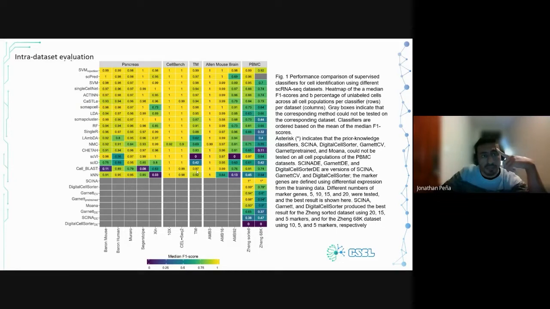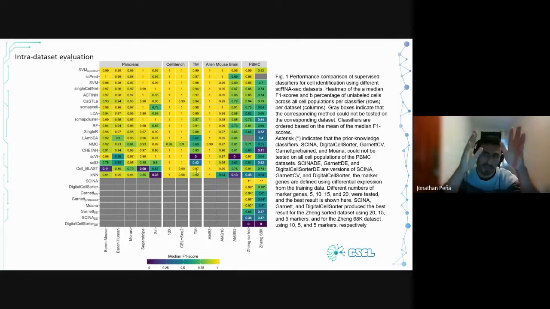So the first evaluation was the intra-dataset. They divided a dataset into 5 groups, trying to conserve in each group the same proportion of the cell types, and they used the original annotation for the training dataset.